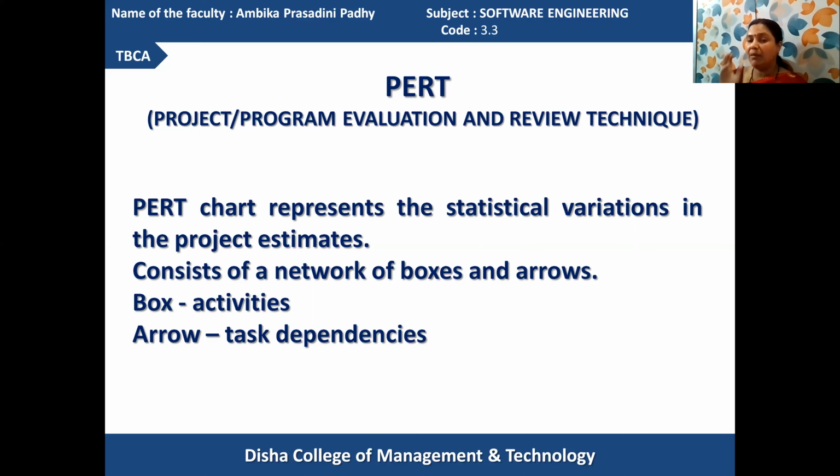But PERT is utilized for performing statistical variation and identifying the project estimates in a more approximated manner. The PERT chart performs evaluations on the time estimations and resource estimations for each task, and what may be the optimistic, likely, or pessimistic time requirements.